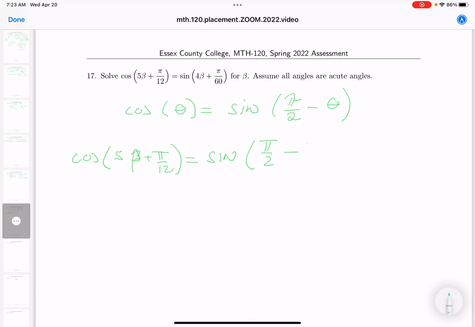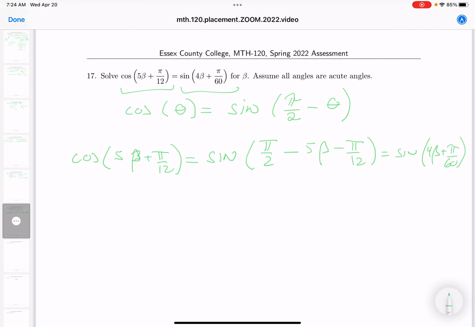So it's going to be minus 5 beta minus pi over 12. Right? I just did this part over here. And this is the same thing as this side, which is sine of 4 beta plus pi over 16.